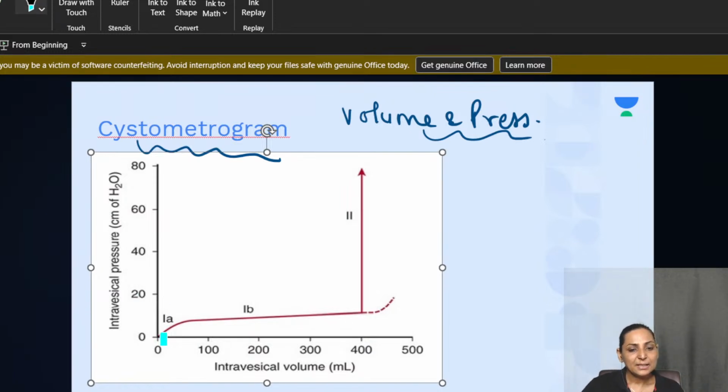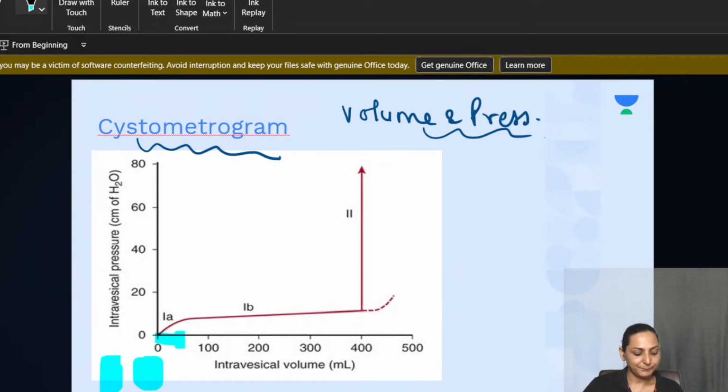When there is a small increase in volume, around 50 ml, there is an increase in the pressure, which is depicted by segment 1A.